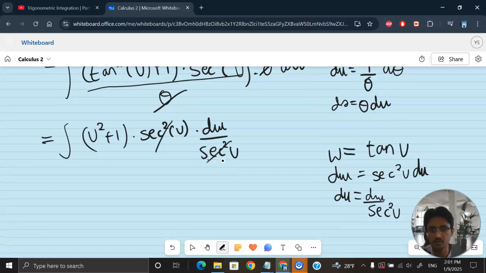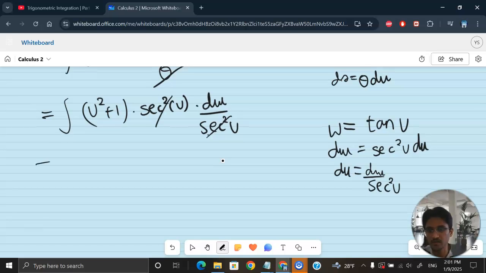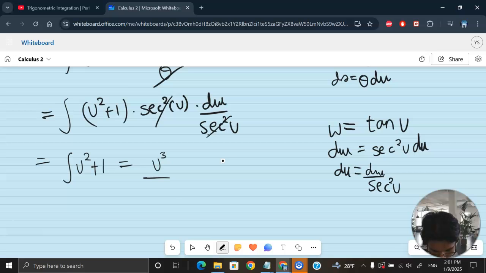Now we're going to cross it out. But now look at that. We're left with the integral of w squared plus 1, and we know that using the power rule, it's going to be w cubed over 3.